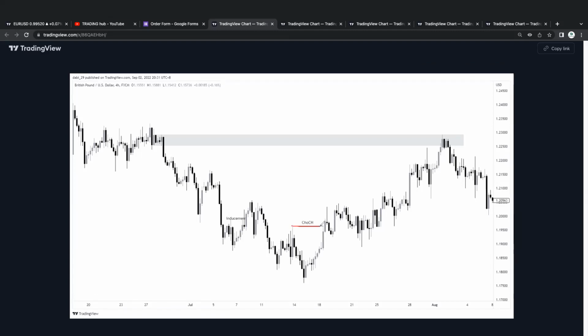Like if you mark this as an inducement, sorry, CHoCH. So this is maybe an inducement, but it depends on the higher time frame structure first. Because in this case, this is a general trend in a single time frame. Like you mark here, this is a PY type here. So this becomes our change of character, right?